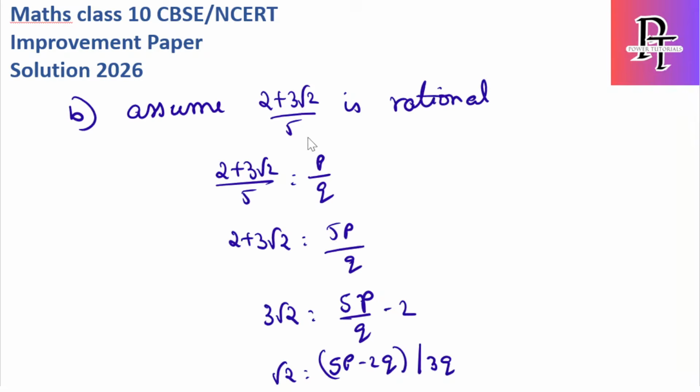This first condition is also important: q should not be equal to 0 and p and q are coprimes.